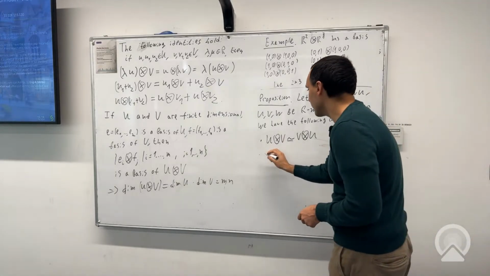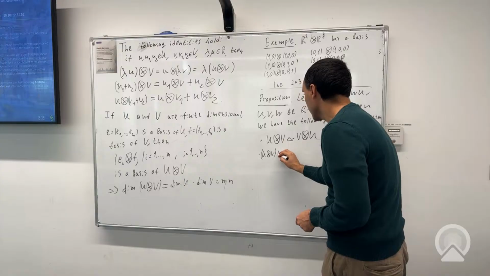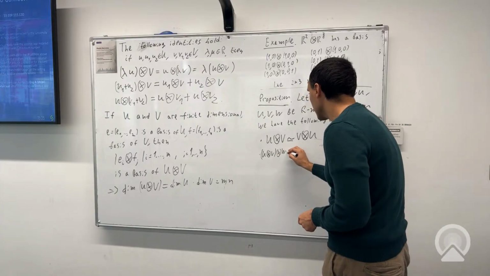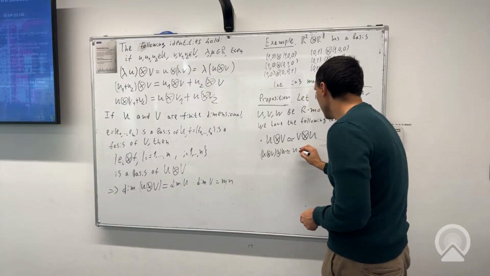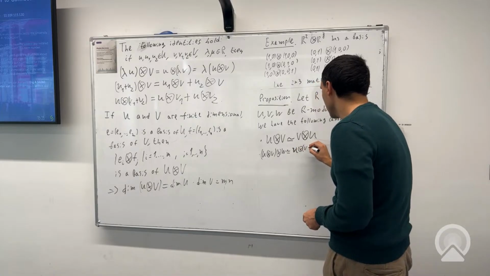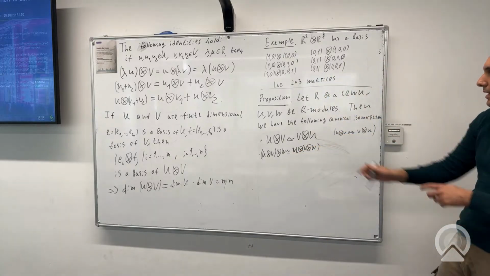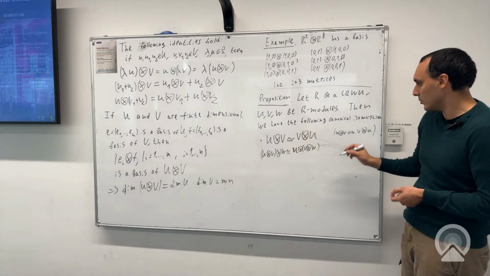We also have U tensor (V tensor W) is canonically isomorphic to (U tensor V) tensor W. So we have associativity. This is like commutativity. They are different spaces, but they're isomorphic.